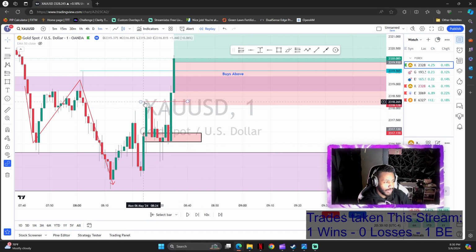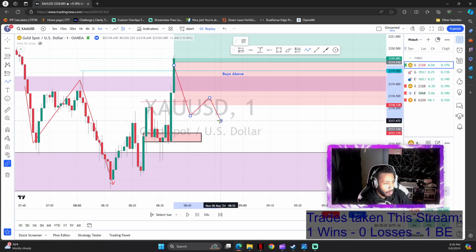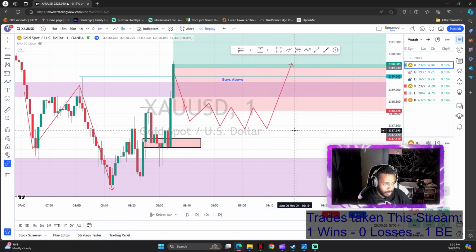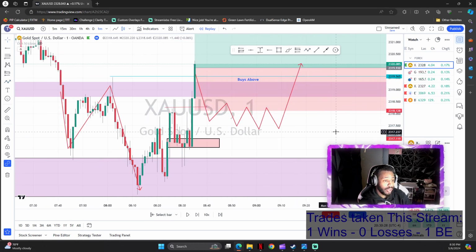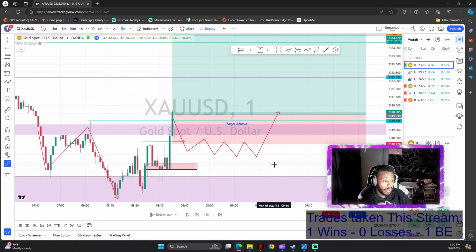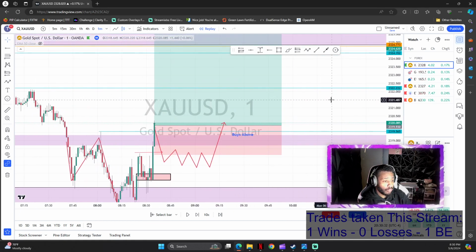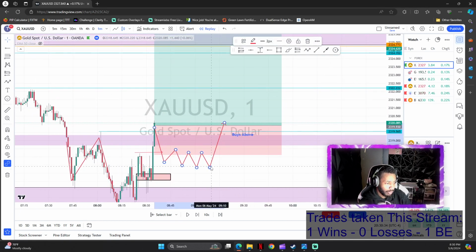Price broke the previous highest high to the left hand side, broke these higher highs as well. The most recent high low structure is down here below these lows. So price could easily just come down here for a pullback to the push up, continue up. I would be mad if I lost this trade just for the overall run to my TP2, 3, 4, 5, or however else it wanted to run.